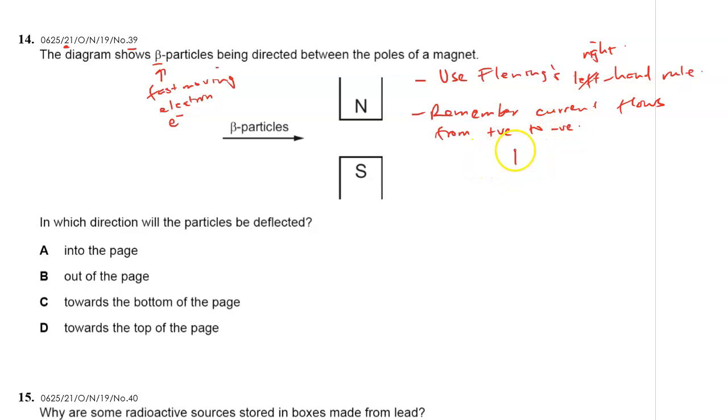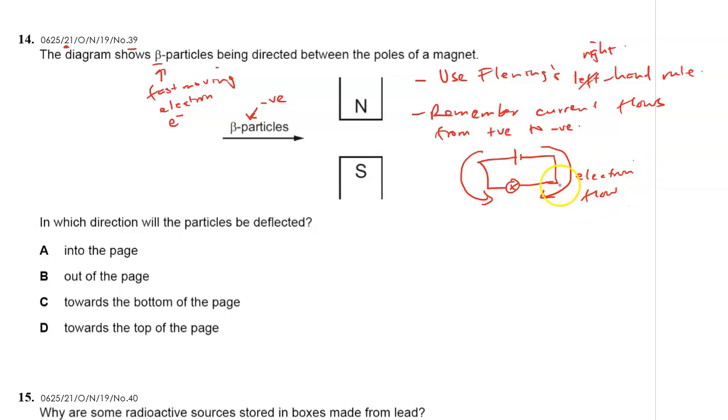All right. So if you have a circuit here, so the conventional flow of current is in this way. So since these are negative particles, we know that electrons flow in the other direction. These are electron flow.